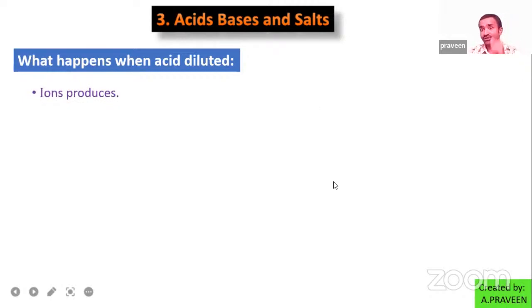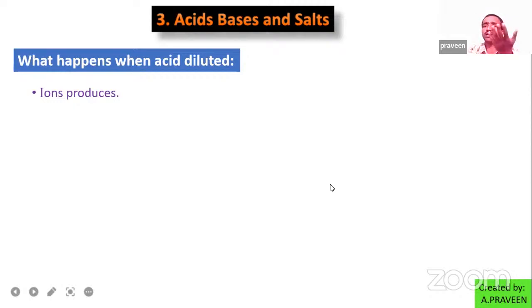Simple. Activity 7. What I noticed, acid added into the distilled water. Distilled water itself is a bad conductor. When acid added, it behaves as electric conductor. Liquids conduct electricity due to presence of ions.